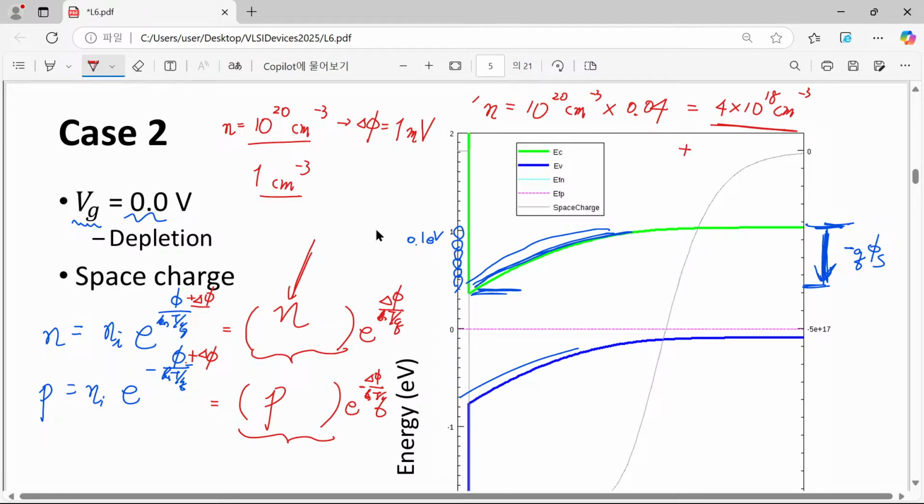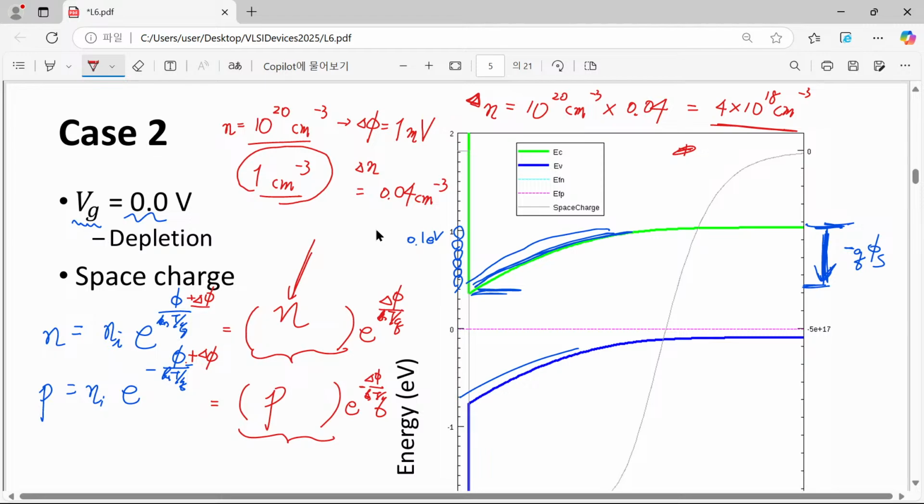So I have to say that the increase, delta n, will be given as this quite high number. But if we have just 1 per cubic centimeter, then our delta n will be just 0.04 per cubic centimeter.